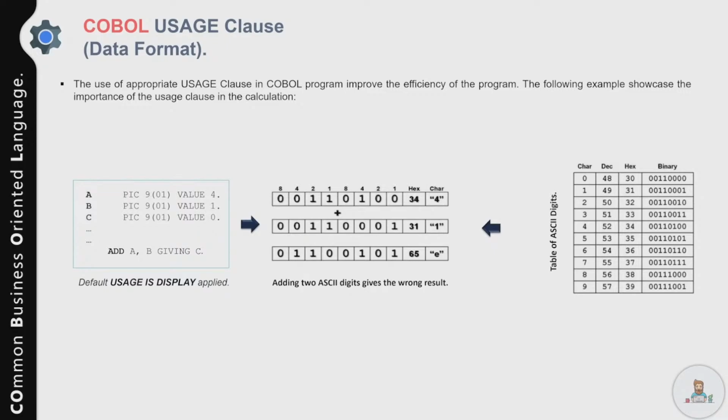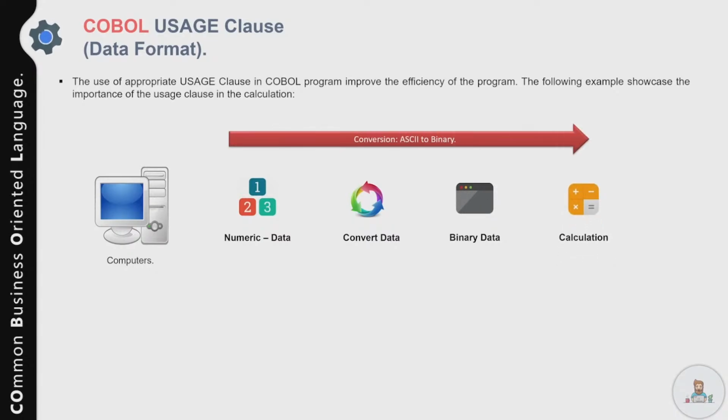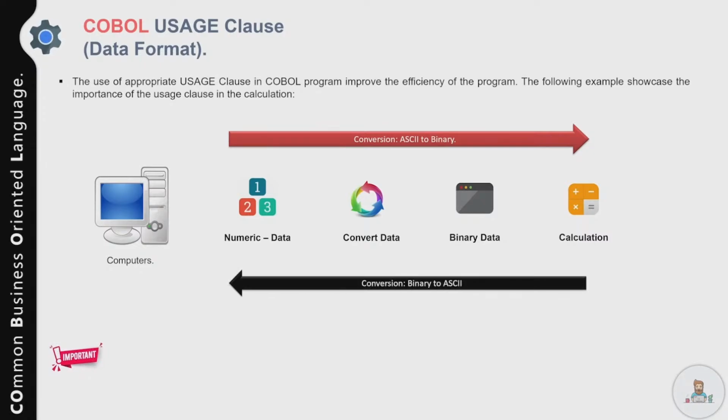Due to this fact, when calculations are done with numeric data items using usage is display, the computer has to convert the numeric values to their binary equivalent before the calculation can be done. When the results are computed, the computer has to reconvert them to ASCII digits.